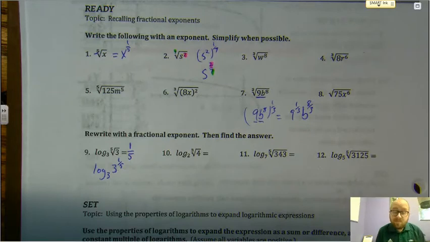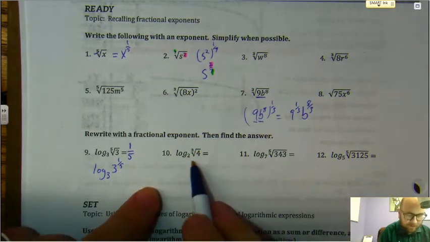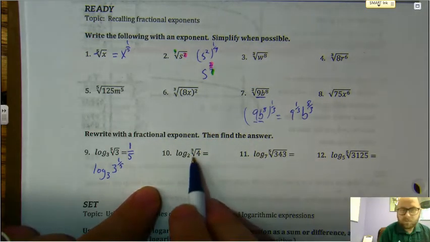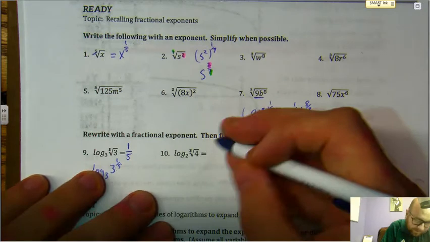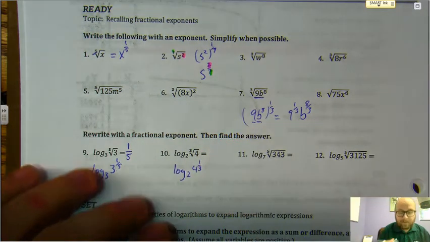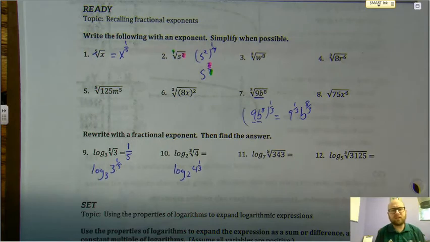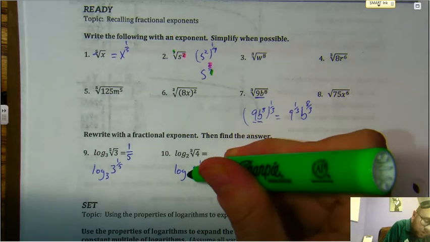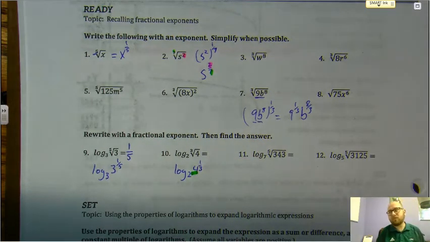Okay? But I'm going to ask you to do that with some things that are maybe a little bit more complicated. So look at this. This is log base 2 of the cube root of 4. All right, let's rewrite that. Log base 2 of 4 to the 1/3. But now you might be thinking, well, this isn't exactly like number 9. What do we need to do here? Well, we need to get 4 to have a base of 2, right?